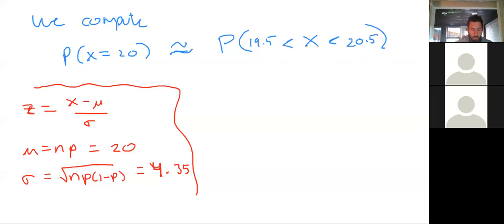All right, so what are these values? Well, if we plug them in, as we said, x we're worried about is this 19. We have to do both of them. We have 19.5, and then we have to do it for 20.5.